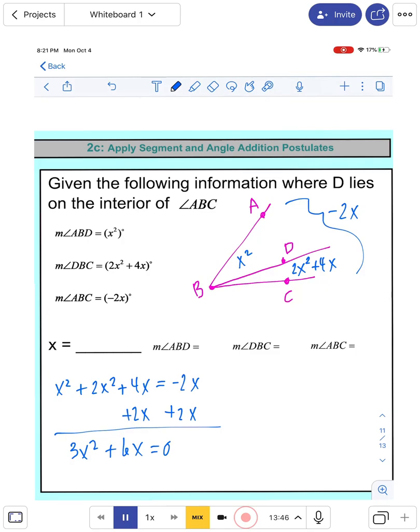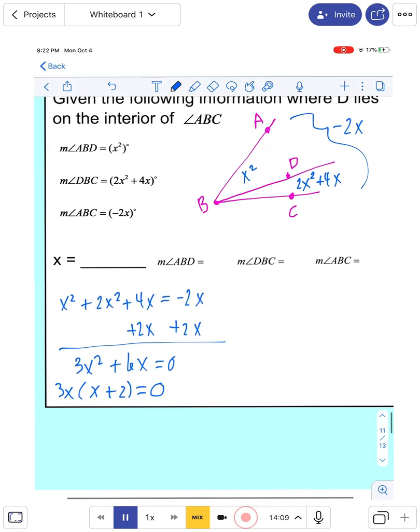Now, this isn't a factoring like normal. This isn't a trinomial. This is a binomial. So you had some of these on that big factoring packet we did the other day. But what you want to do is just look and see that both terms are divisible by 3 and by x. So you can factor 3x out. And you're left with x plus 2. And so now you have 3x times x plus 2 equals 0.